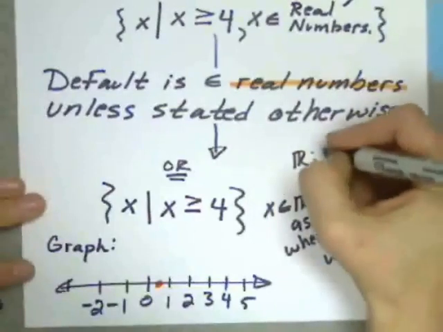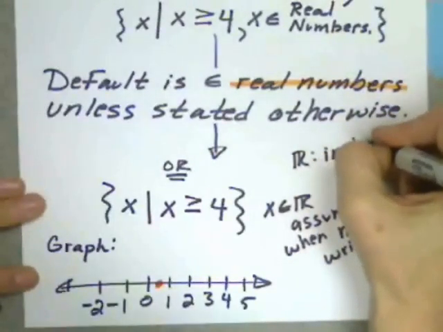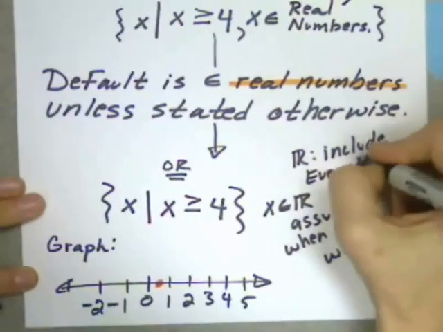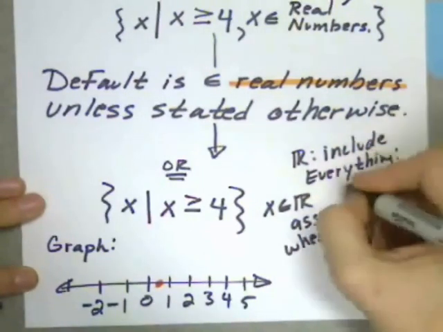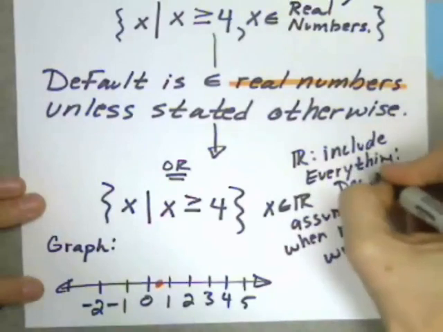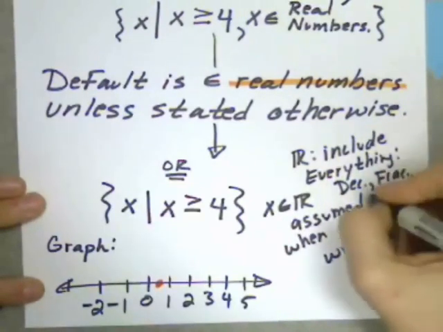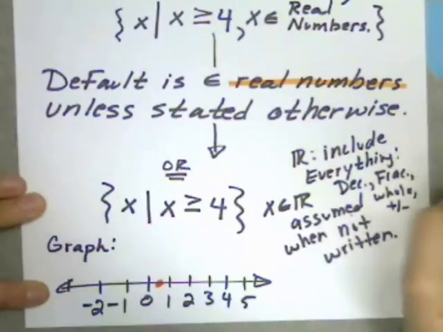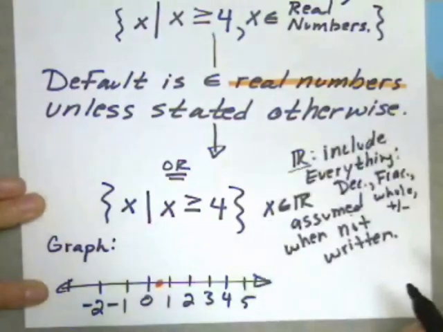Well, everything real. You haven't learned about imaginary yet, but basically everything being decimals, fractions, whole numbers, positive and negative numbers, all that is included in the real category.